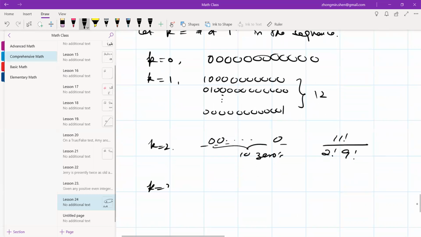So it's going to be 11 factorial divided by 2 factorial times 9 factorial. So when k equals 3, you have 3 ones. How many zeros do you have? 9 zeros. And for 9 zeros, you have 10 spaces you can choose. So 10 factorial divided by 3 factorial and 7 factorial.